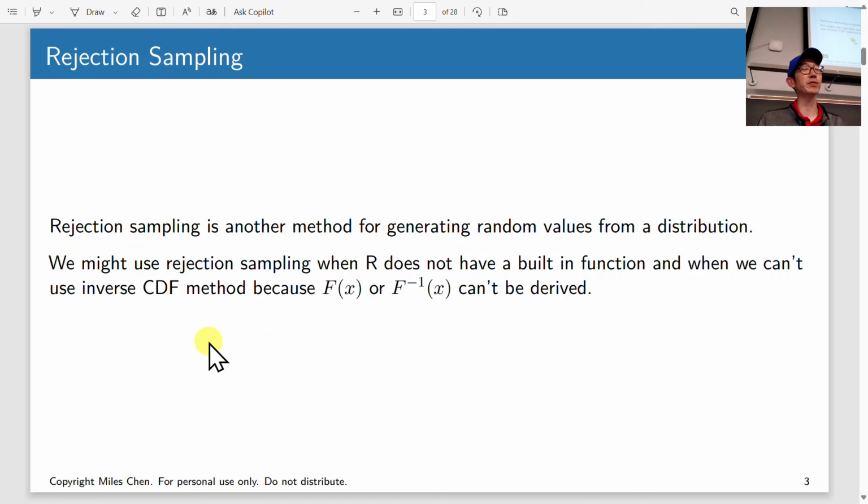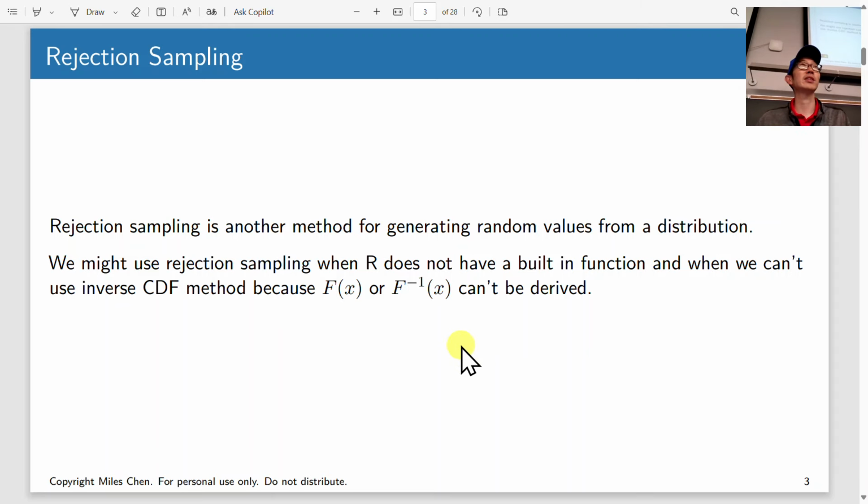That requires us to find the CDF and then to invert it, and then you just plug a random uniform into the inverse CDF. Today's method is another way for us to generate random values from a distribution. This one does not require finding the CDF, and does not require finding the inverse of the CDF.